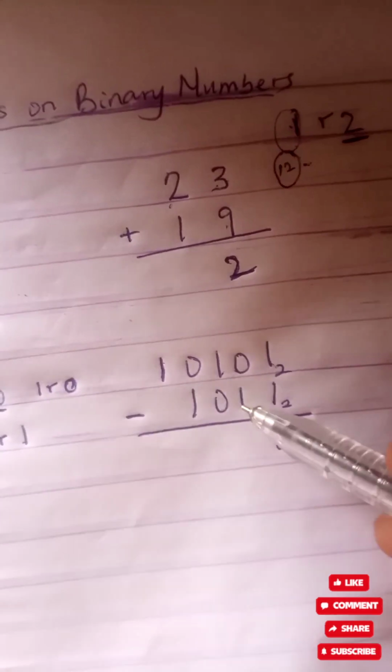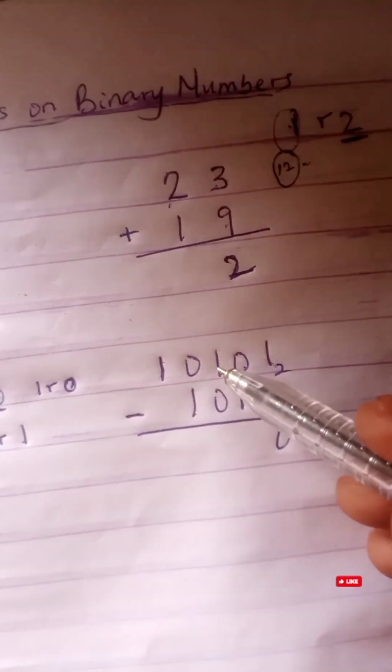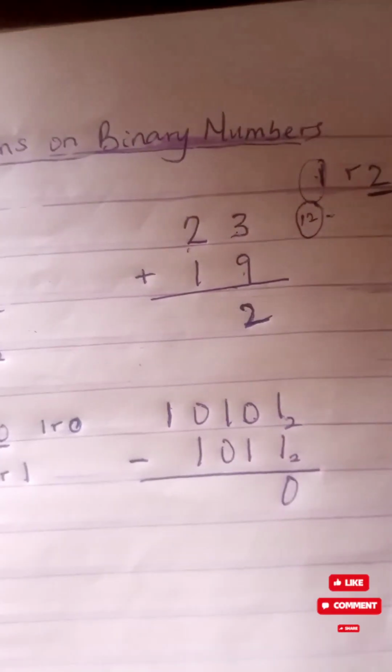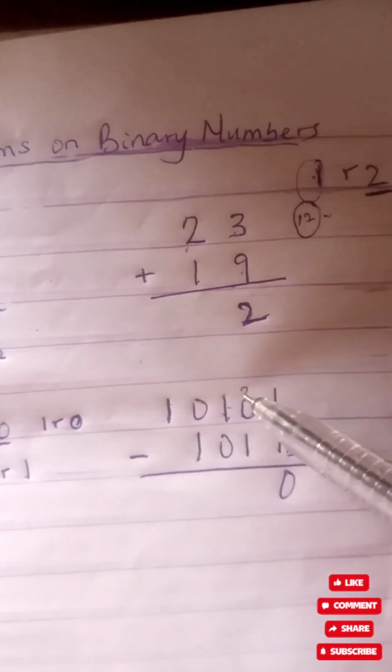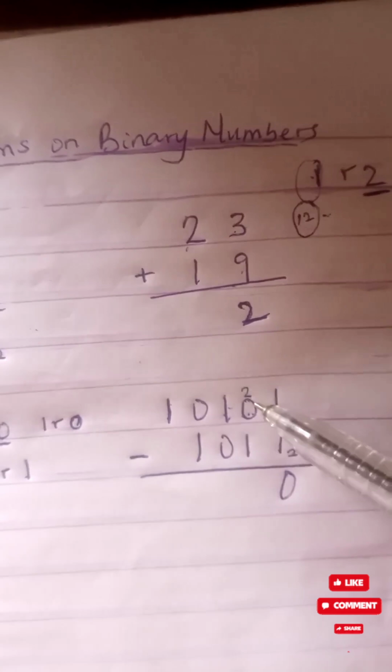Now we cannot subtract 1 from 0, so we have to borrow 1. So the same way, if you borrow 1 in base 10, the 1 that you borrow returns to 10. So here, if you borrow 1 also, it returns to 2. So this 1 going here will become 2. So we have 2 here now, plus 0 is 2.